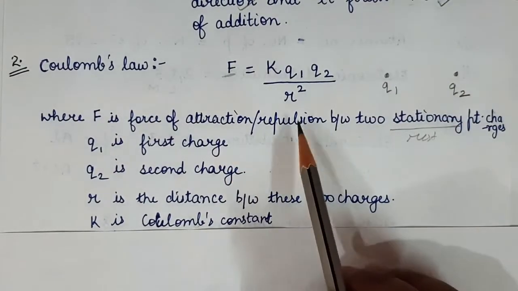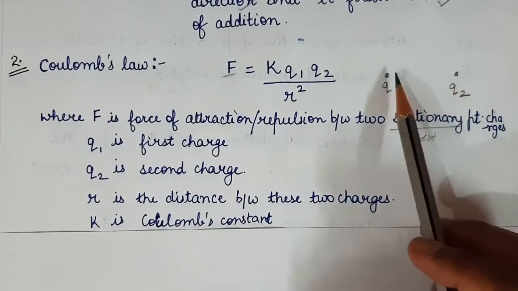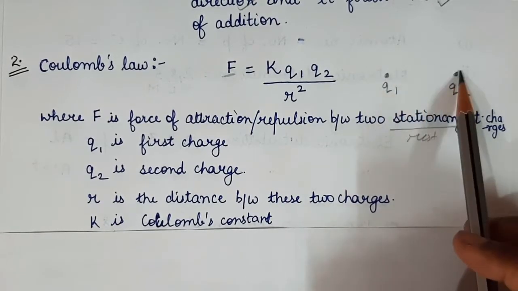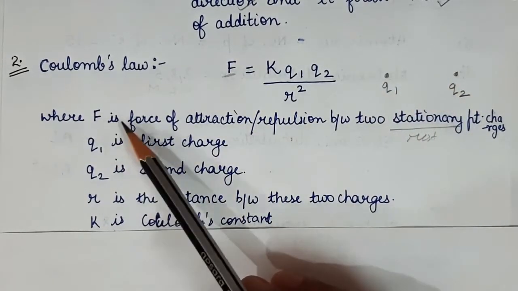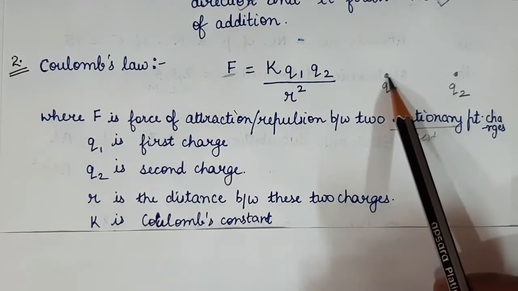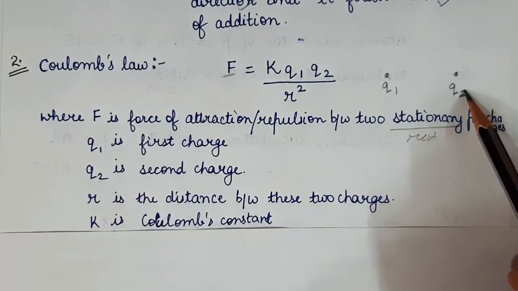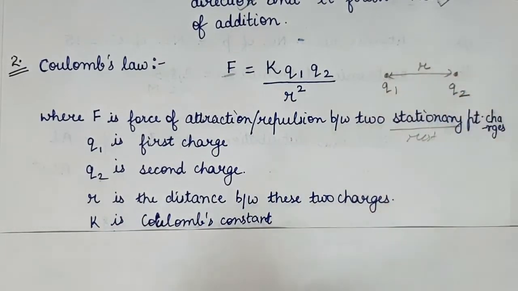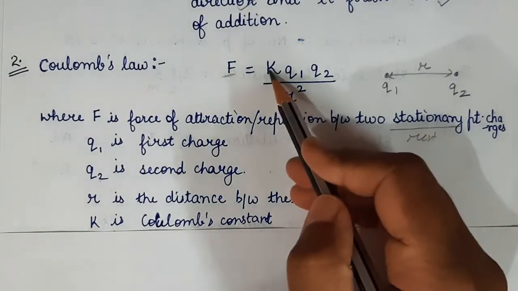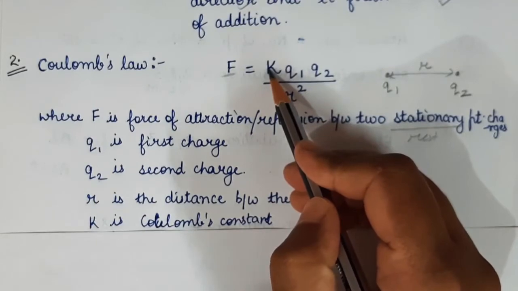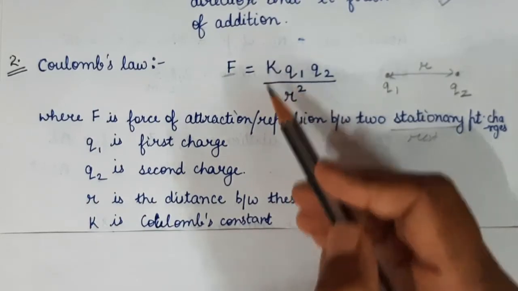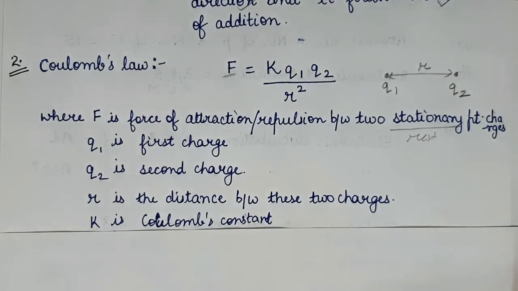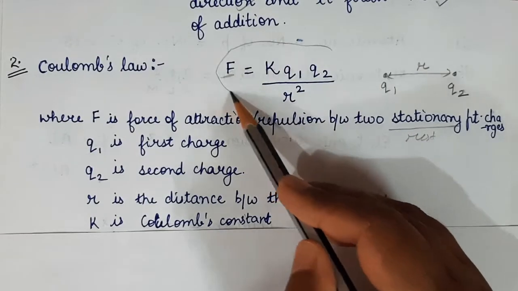So the force of attraction or repulsion which is acting between these two stationary point charges, that F is force, and Q1 is the first charge, Q2 is the second charge, and what is R? R is the distance between these two charges, Q1 and Q2. And K, it is the proportionality constant, that is Coulomb's constant. Clear, students? So this is the formula for Coulomb's law.